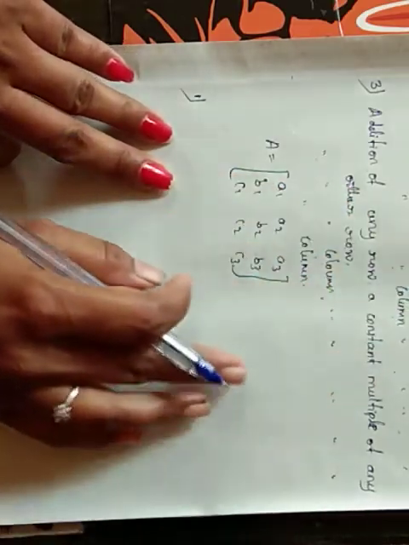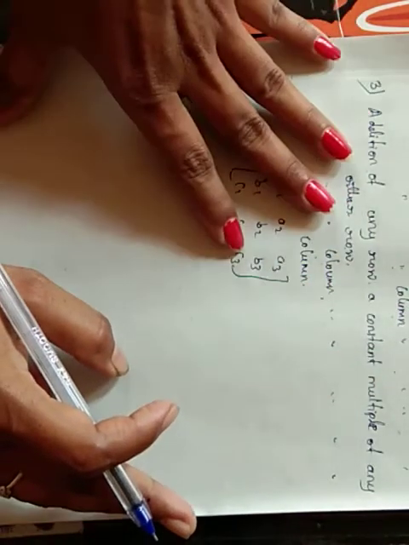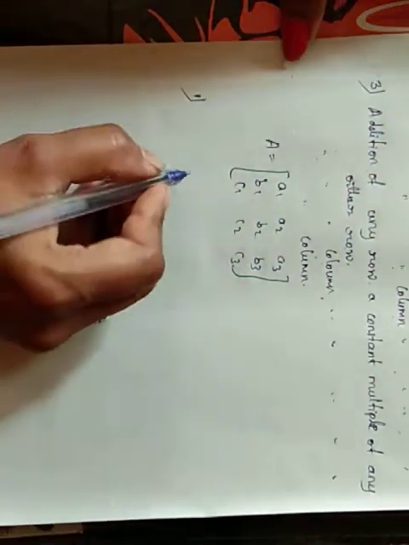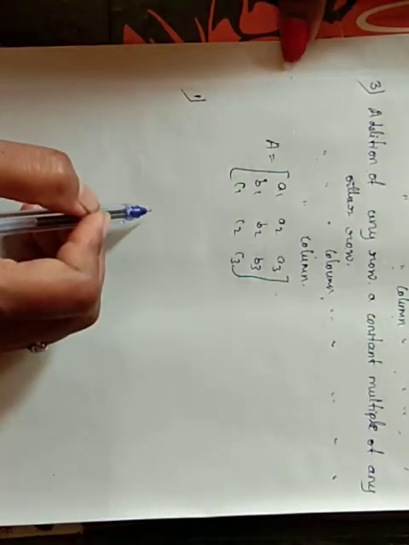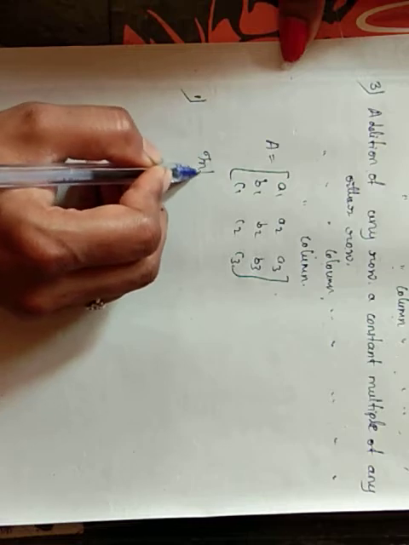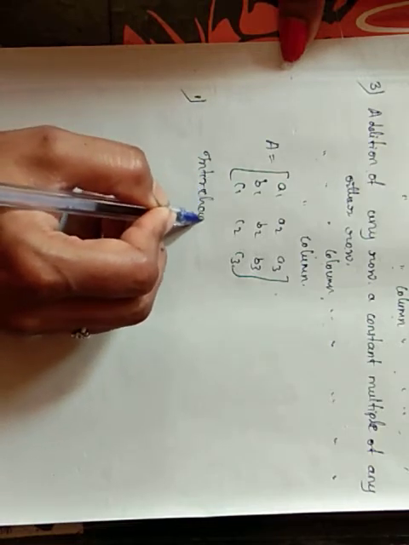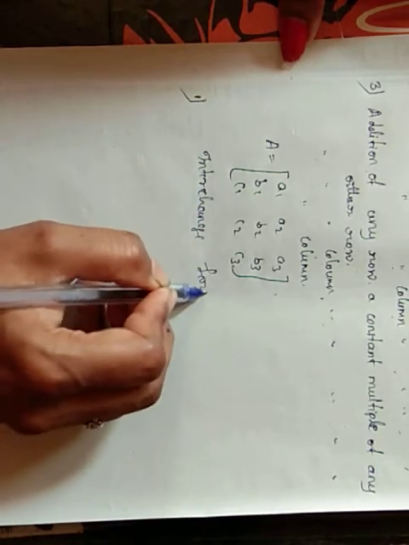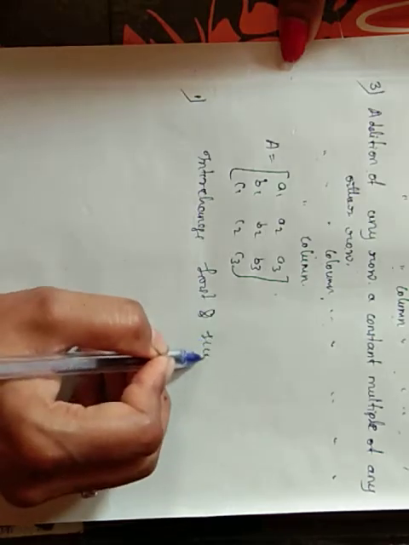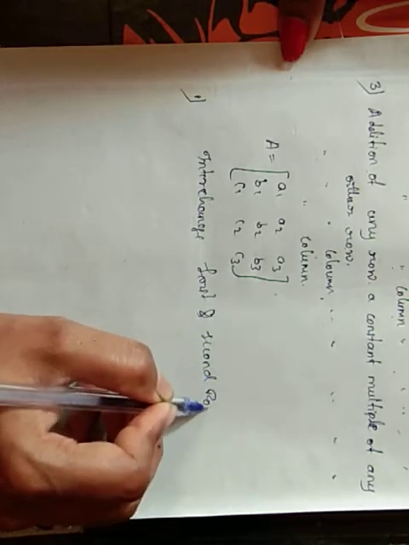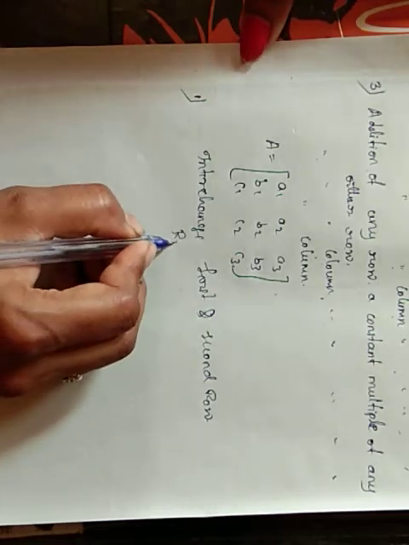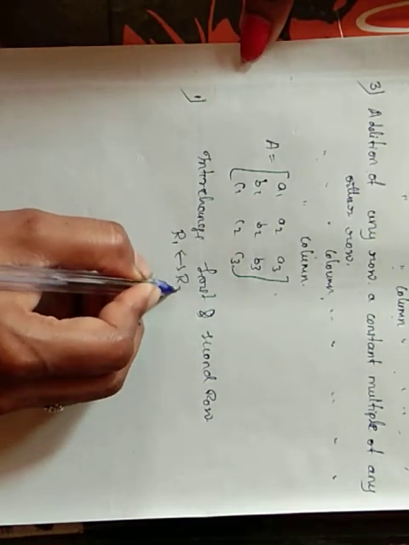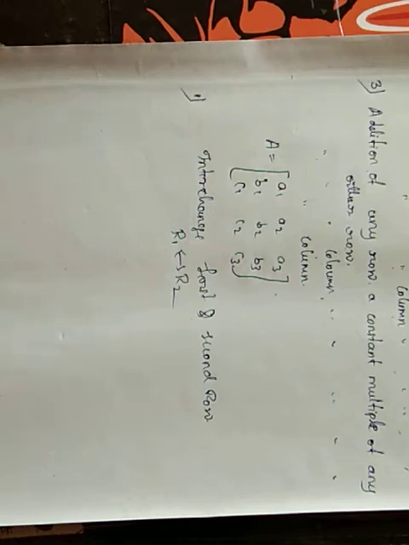Interchange of any two rows. First I am taking interchange of first and second row. This is our matrix. How to indicate this? It is indicated by the symbol R1 interchange R2.